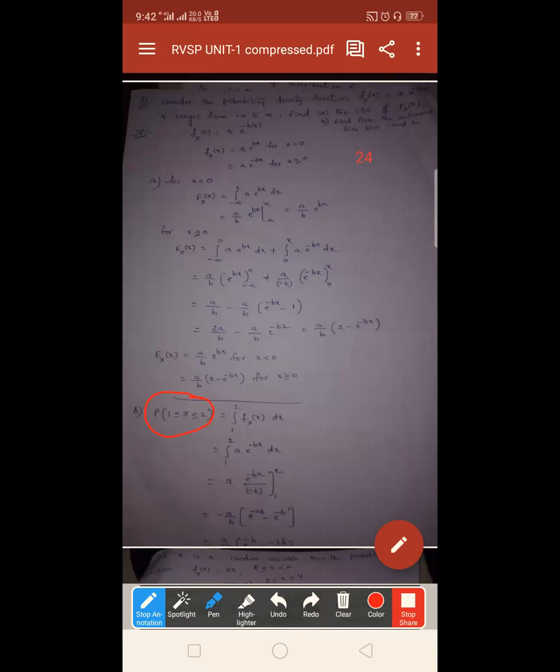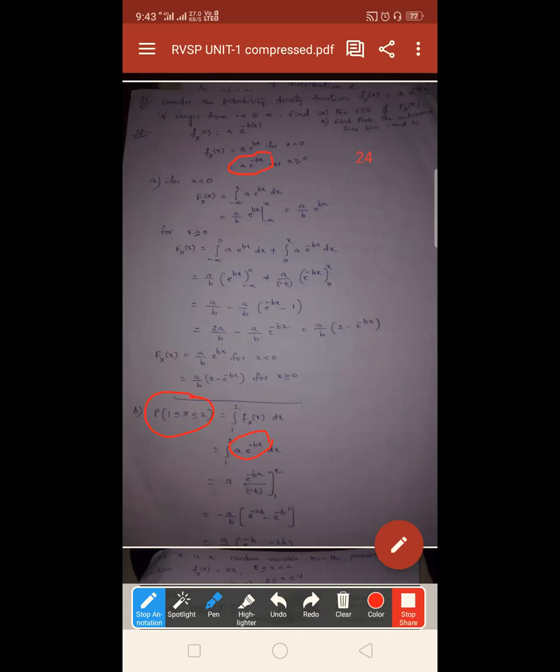So for positive values of x, what we have to consider is the probability density function, a into e power minus bx. So here you have to substitute a into e power minus bx dx. So here a into e power minus bx by minus b. Integral of e power minus bx dx is equal to e power minus bx by minus b.